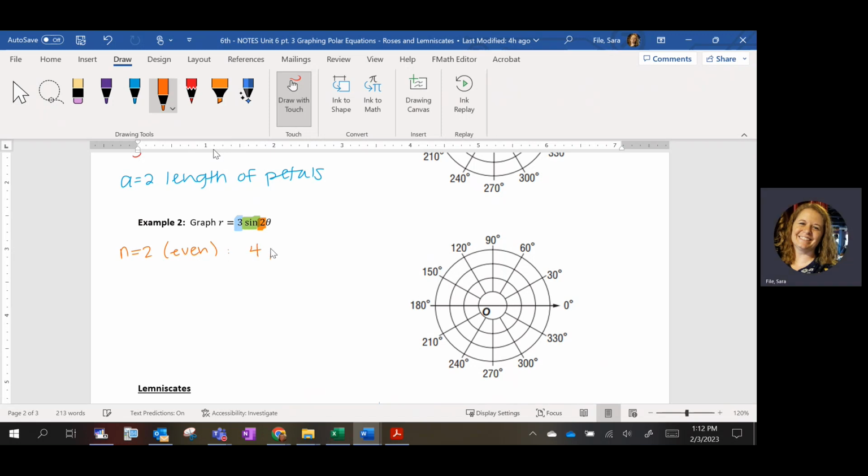So 4 petals. Okay, where will the first petal be? Because it's sine, the first petal is at 90 divided by N, which is 2. So it's at 45 degrees.